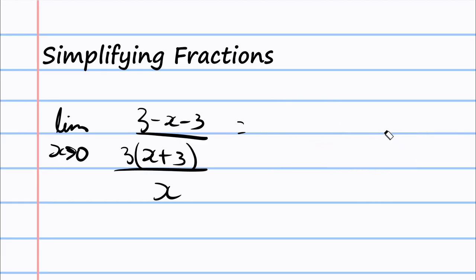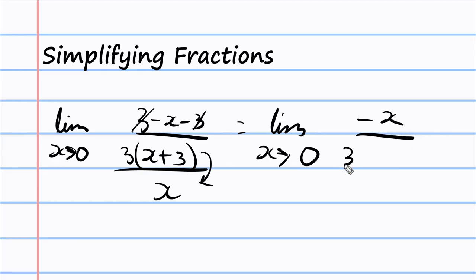Now we're going to bring the denominator to the bottom and cancel these 3s. When we do that, we get something a lot easier and more manageable to work with. We get the limit as x approaches 0 of negative x divided by 3x times x plus 3.